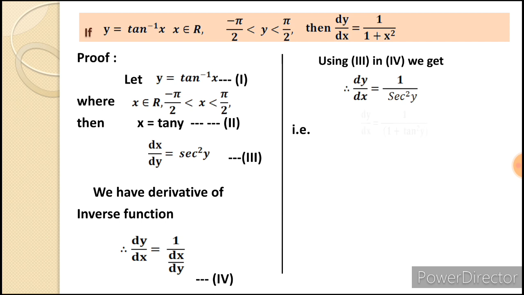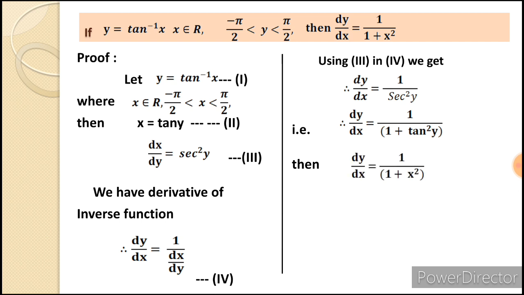So for that we'll use the identity. What is that? 1 plus tan square y is equal to sec square y. So replace sec square y by 1 plus tan square y. And now the next step is very simple, because tan y is x from equation 2. So using it, now we are getting dy by dx is equal to 1 upon 1 plus x square.